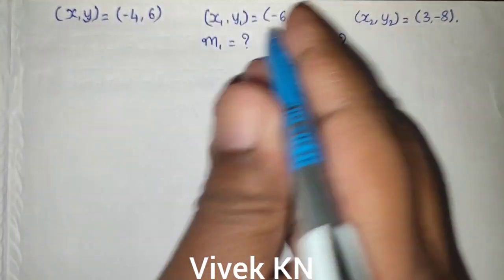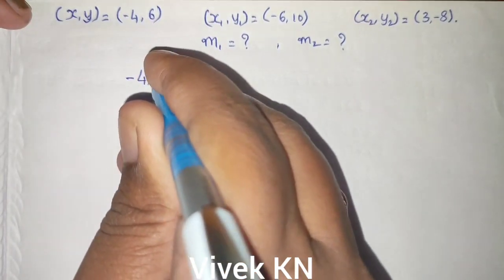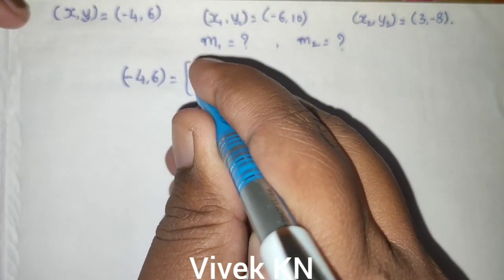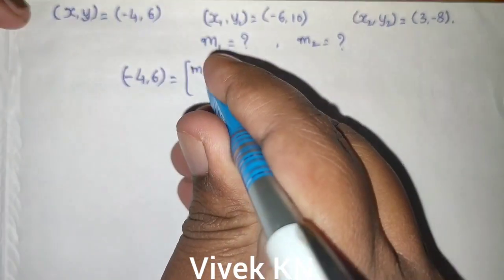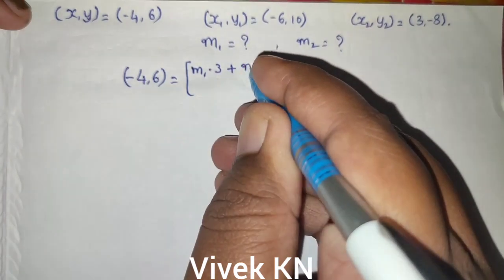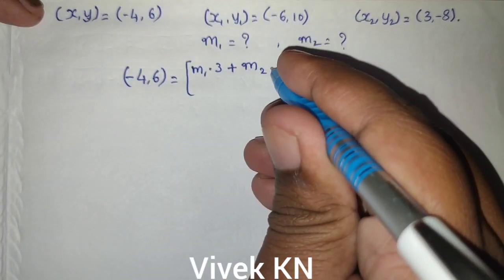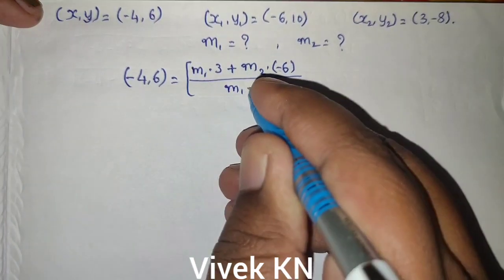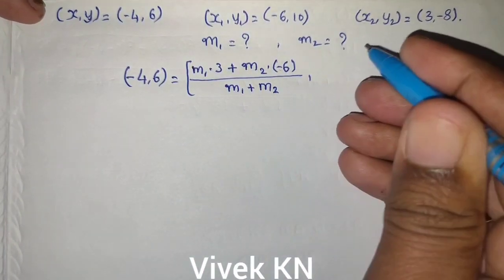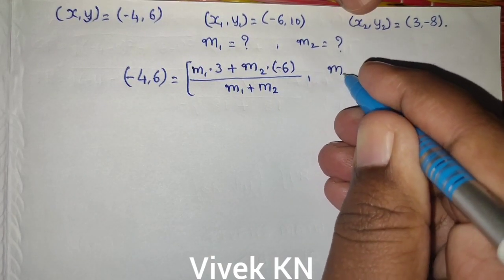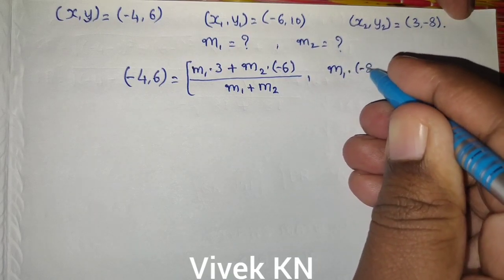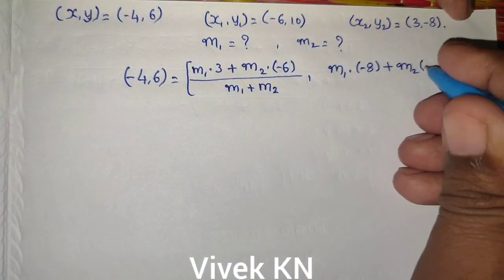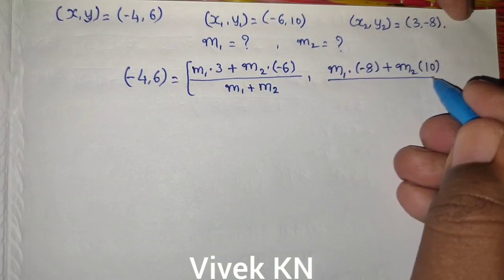P of (x, y) is nothing but (-4, 6), which is equal to m1 into x2, that is 3, plus m2 into x1, that is -6, divided by m1 plus m2, and m1 into y2 value, which is -8, plus m2 into y1 value, which is 10, divided by m1 plus m2.